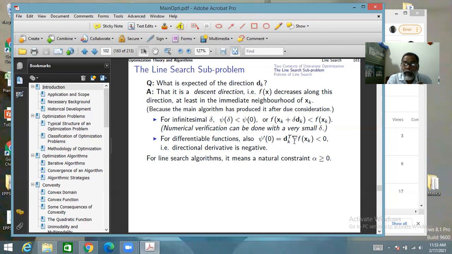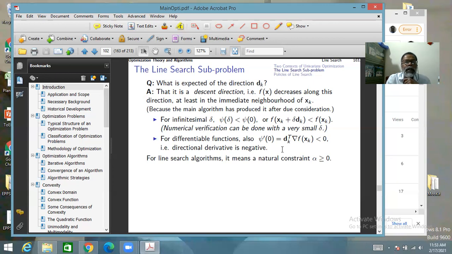That means the gradient of the function at that point has a negative component along this direction. So that's the sense of a descent direction. But this you can talk about only for differentiable functions. This is general. Of course, that infinitesimal issue connects the two ways of characterizing it. But for non-differentiable functions, the numerical verification you will do with a very small finite numerical value.